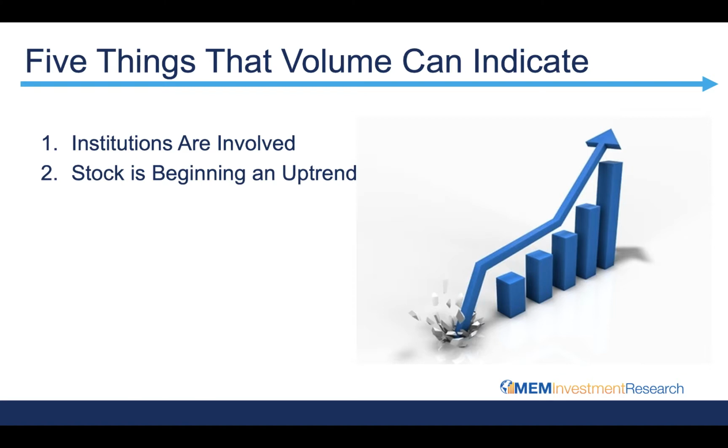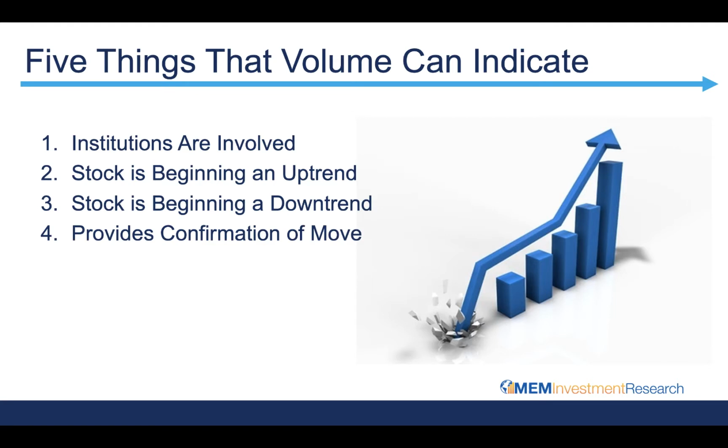The stock could very well be beginning an uptrend, and that volume for my work is going to be a critical component when putting it together with the chart pattern. And then likewise, it could be in the beginning stages of a downtrend, which of course you don't want to be a part of. Volume also is going to provide you with confirmation of that uptrend or downtrend.